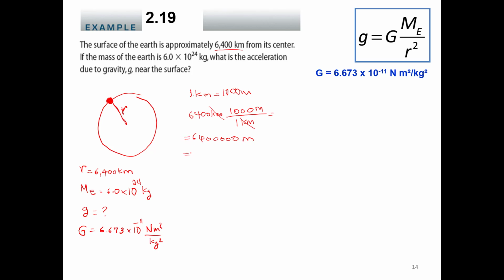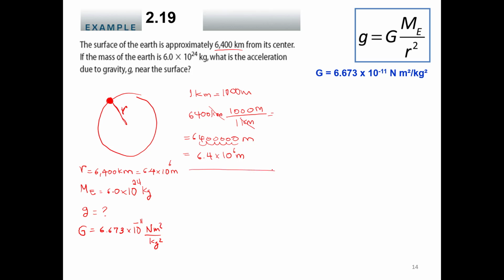When we are working with larger numbers, what I suggest is to use scientific notation. Let's write this number in scientific notation. We have 1, 2, 3, 4, 5, 6, a larger number, so a positive exponent, 6. And this one is 6.4 times 10 to the power 6 meters.